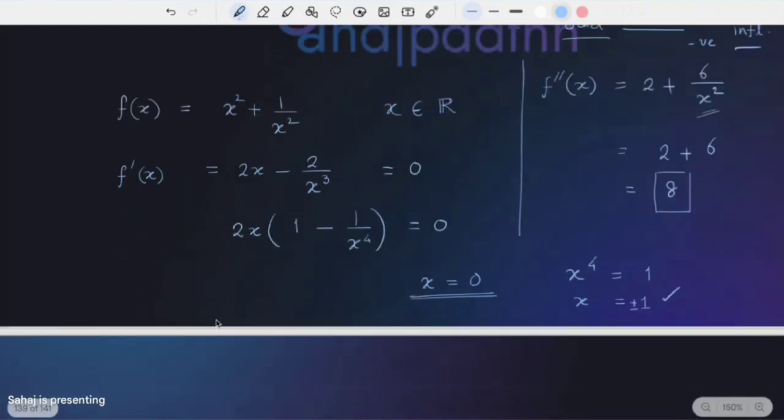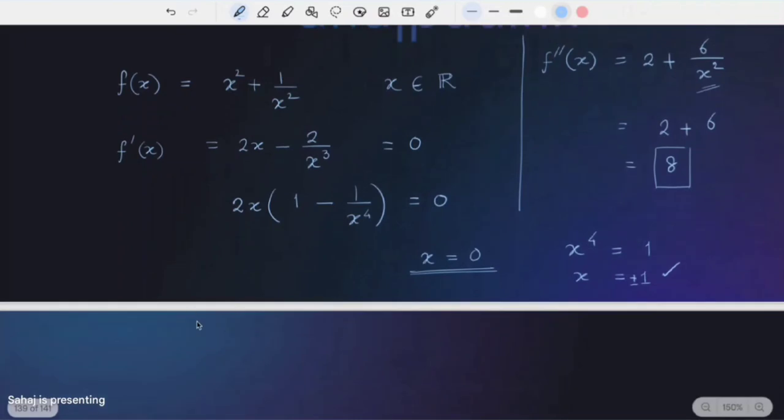So how does this function look? x squared plus 1 by x squared.